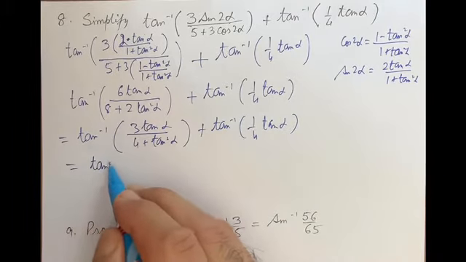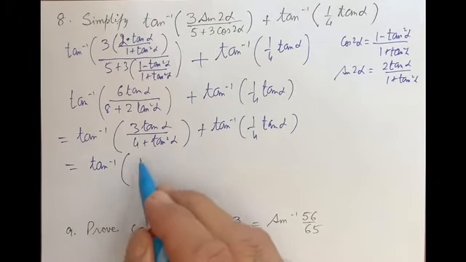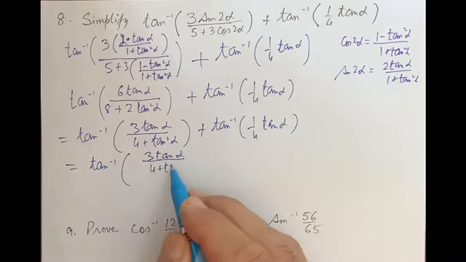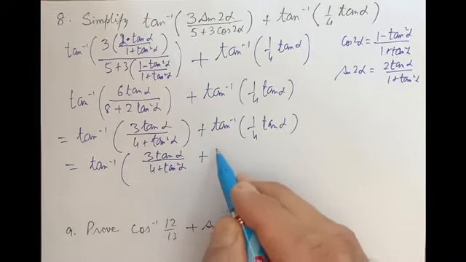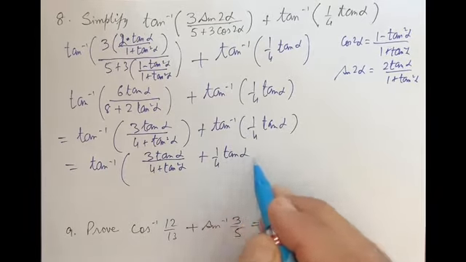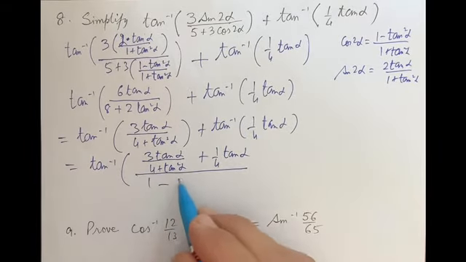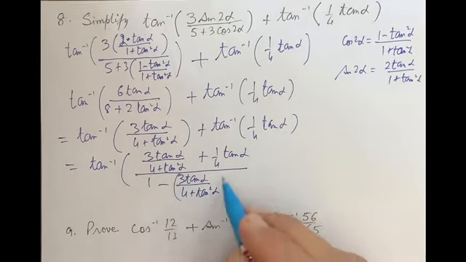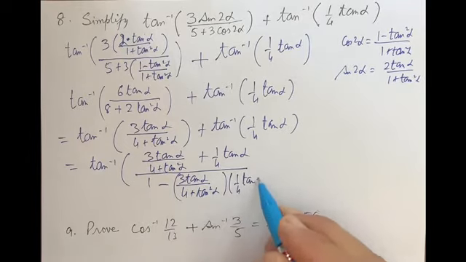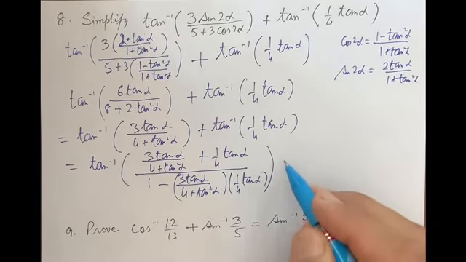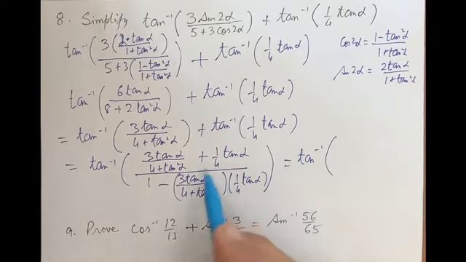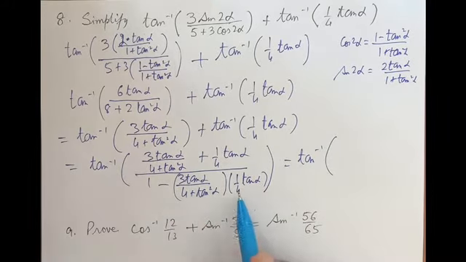Applying the formula for tan inverse of x plus tan inverse of y, this is 3 tan alpha upon 4 plus tan square of alpha, plus 1 by 4 tan alpha, divided by 1 minus the product, 3 tan alpha upon 4 plus tan square of alpha into 1 by 4 tan of alpha.